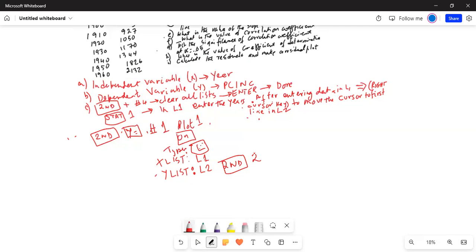Okay. Now after we have made Y list as L2, you can press the zoom button and then number 9. And you will see a nice scatter plot like this. Let me draw the scatter plot that I'm seeing.